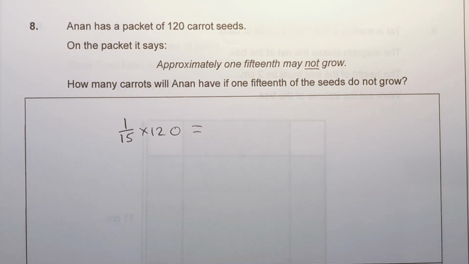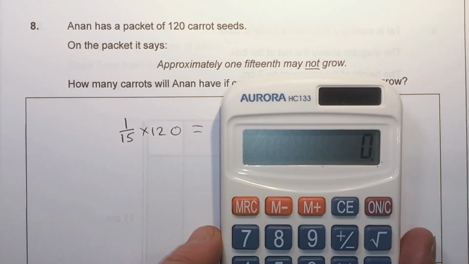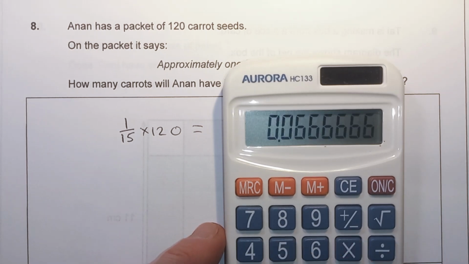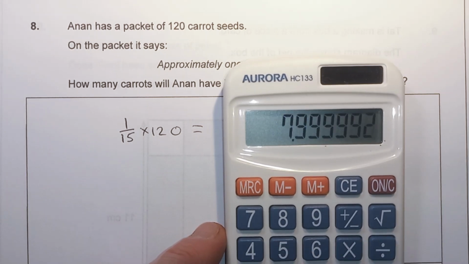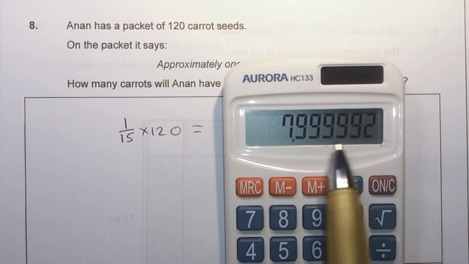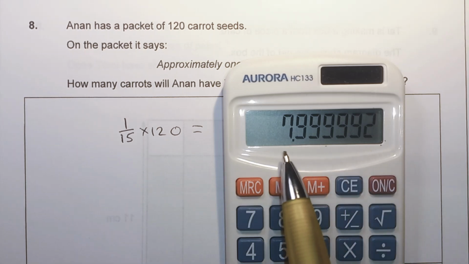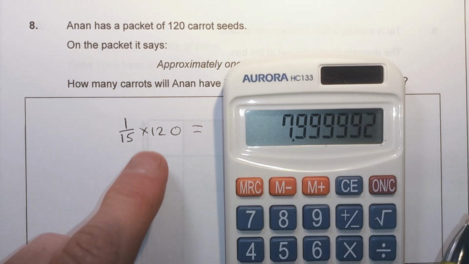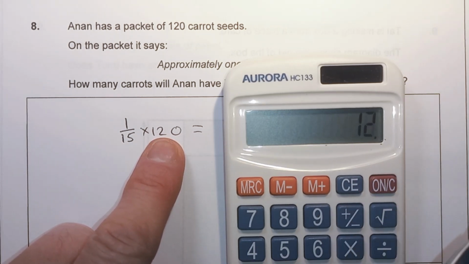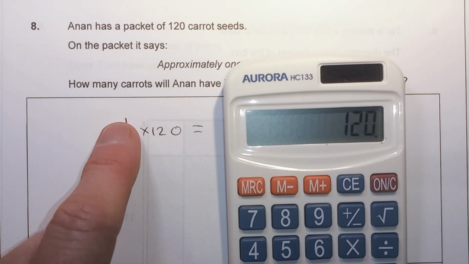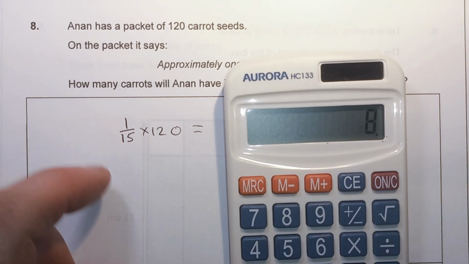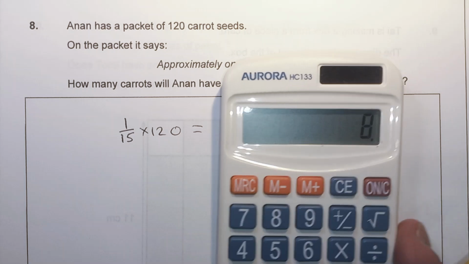Right, now what we can do here, if we just type it straight into a simple calculator, 1/15 times 120, you'll see we've got a number with lots of decimal places. We can round it to 8, but it's a little bit messy. The way around that is if we do the 120 first, and then multiply by the fraction, so times 1 divided by 15, and we get a nice tidy answer of 8.